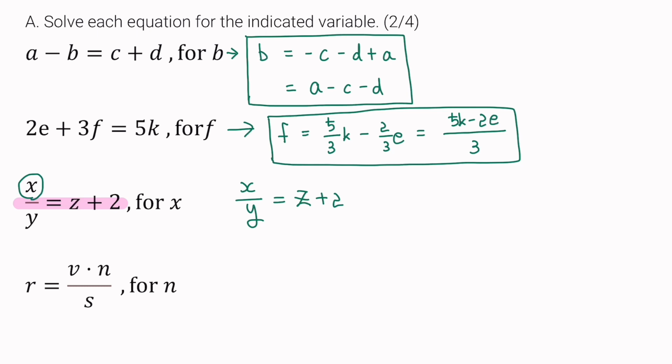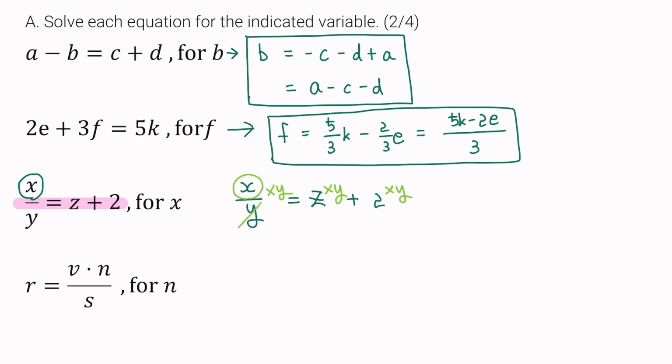Anyways, I went off on a tangent a little bit. Let's move back to our question at hand. In order for me to isolate x, I need to get rid of that denominator of y. How do I do that? Well, I can do that by multiplying y to every variable that's present in this expression.